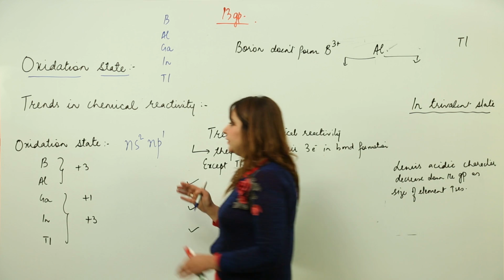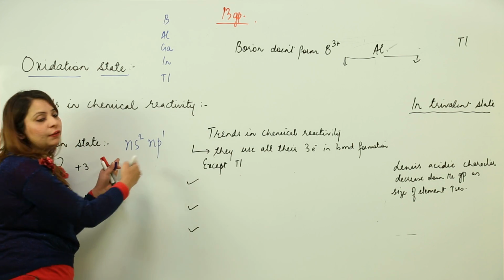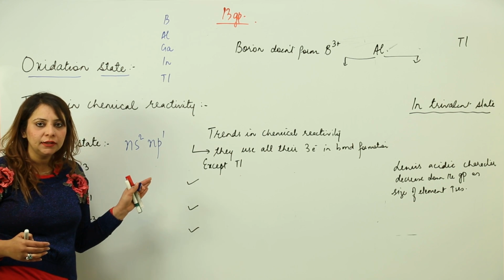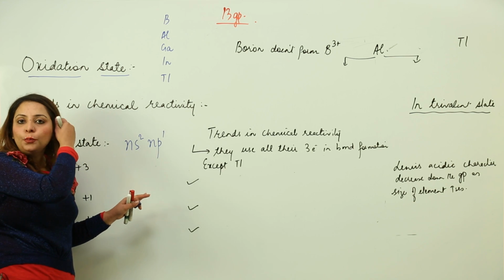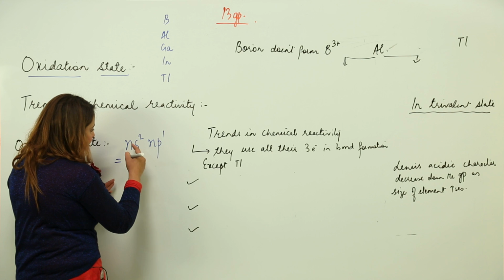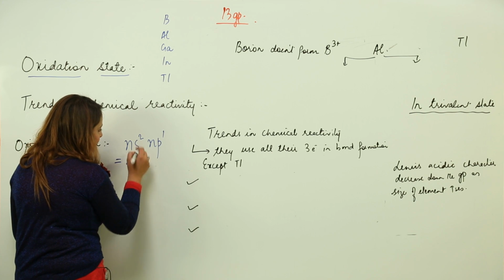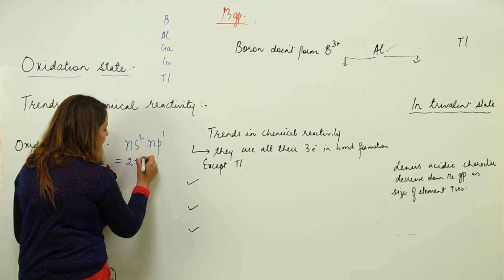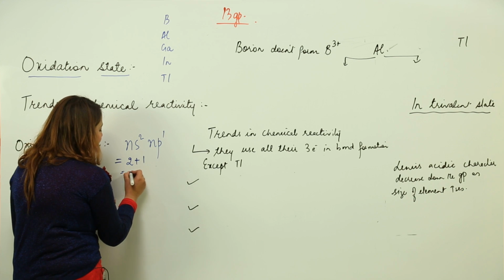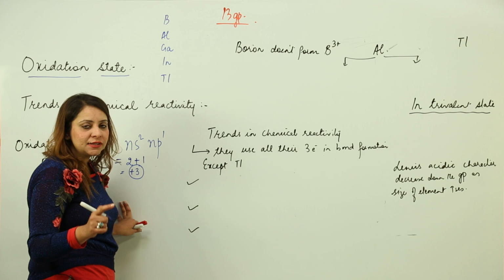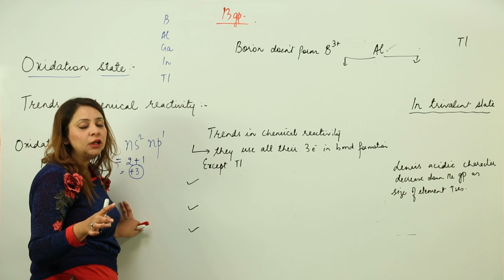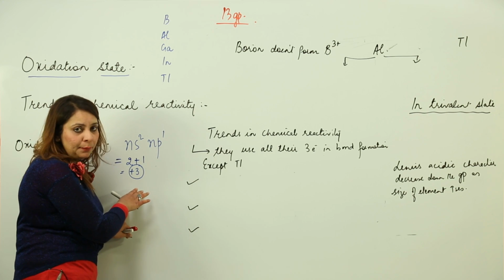If we consider the number of electrons that participate in bond formation, in the p block the group oxidation state is equal to the electrons in the s, that is 2, and the electron in the p of the valence shell. So the group oxidation state is +3. Right, if we count s and p electrons both, the group oxidation state is +3.